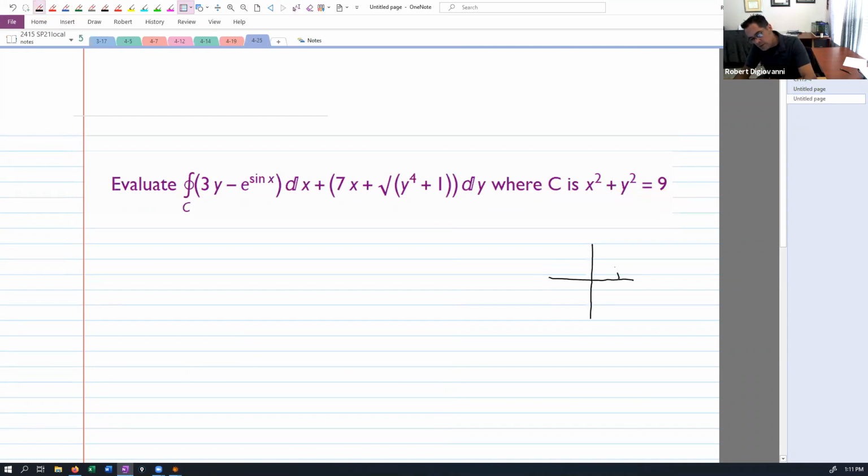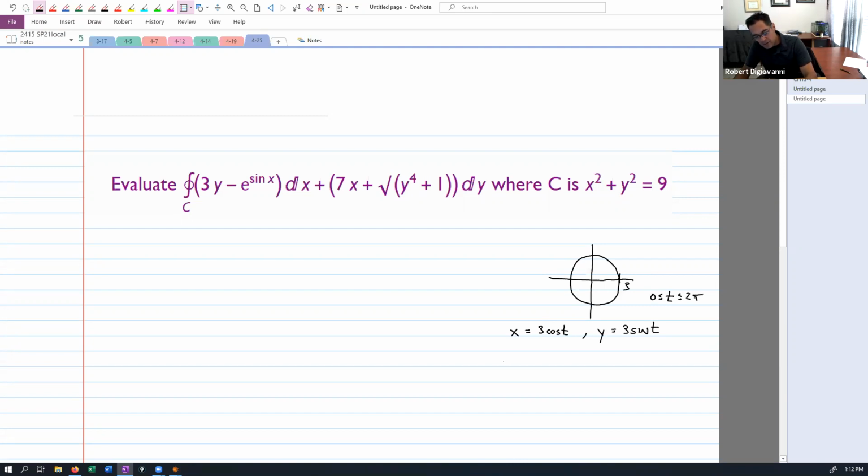And it has a circle of radius 3. So I could do it the good old-fashioned way, which would be to find a parametric representation of the circle. So 3 cosine t, 3 sine t for the x and y respectively. I can restrict t between 0 and 2 pi.